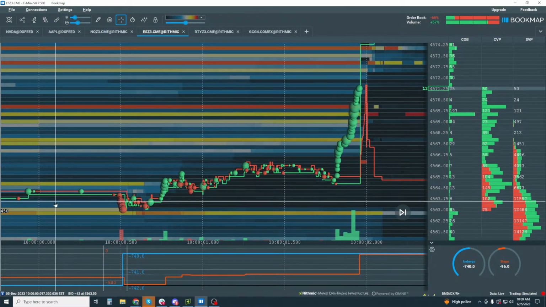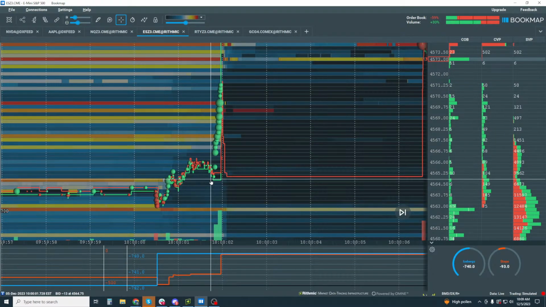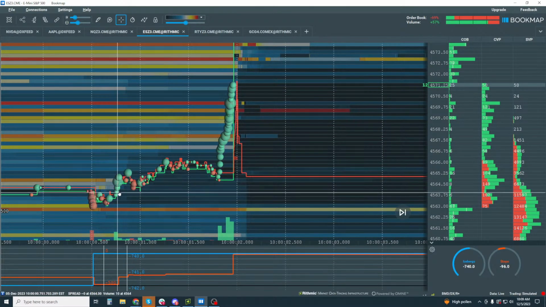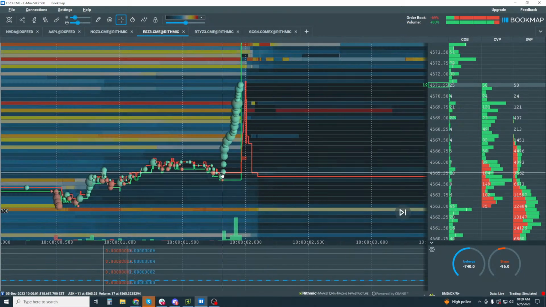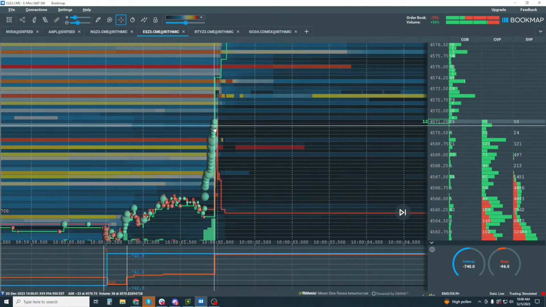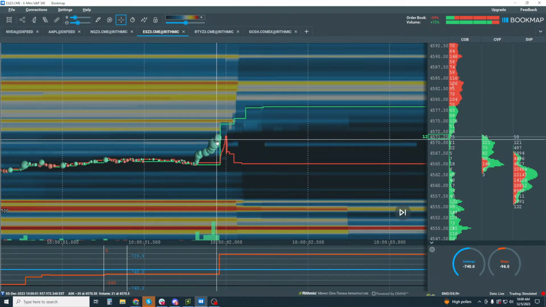The number actually comes out here. Well, I guess it came out a little bit later. It must have. And then we see the buying that comes in. Okay, this is what moves the market.